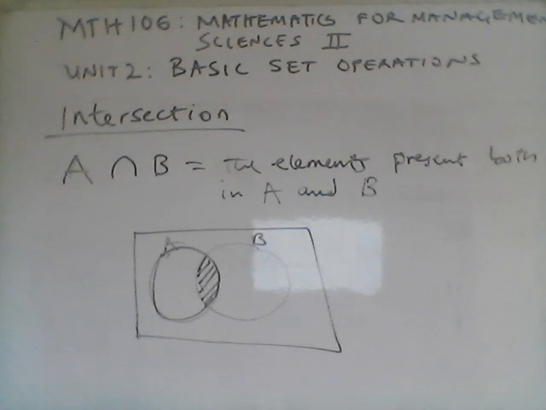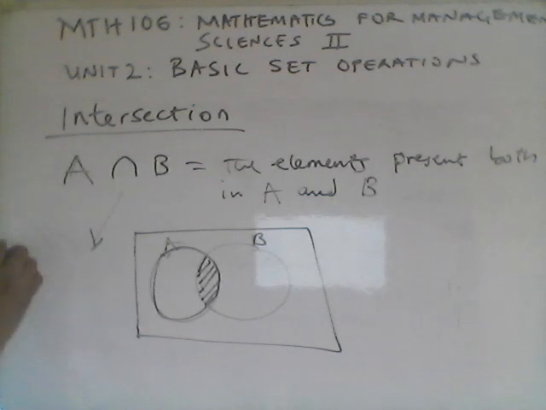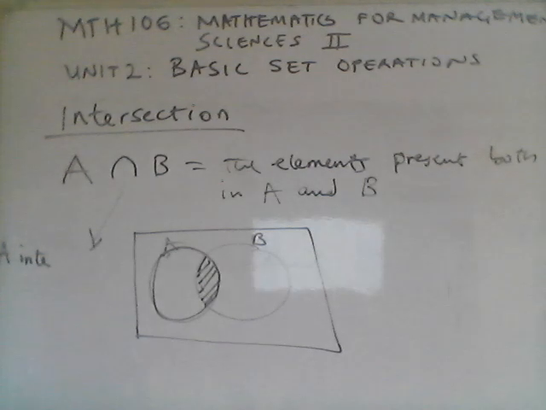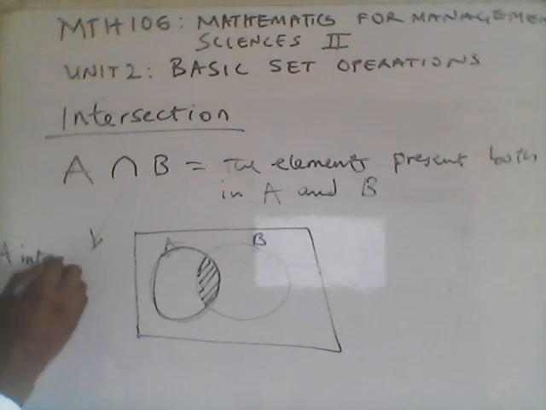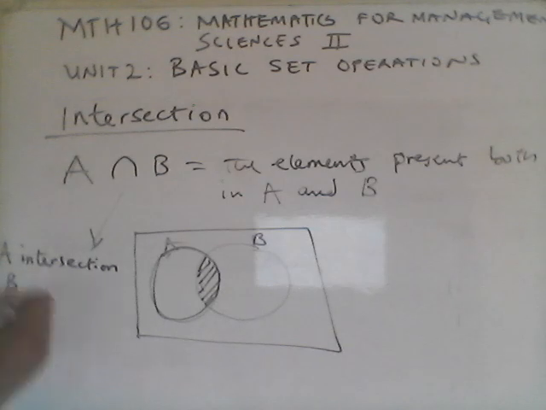It reads A intersect B. So if I want to write it in words, I will say A intersect B or A intersection B. I think it's more appropriate to use intersection B. So this is how you write intersection of two sets.